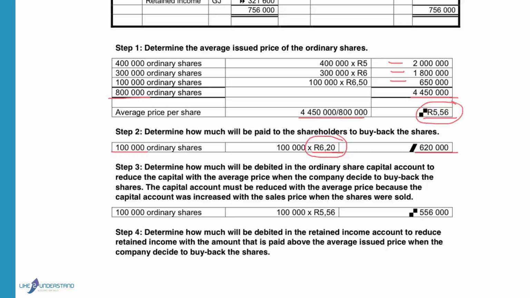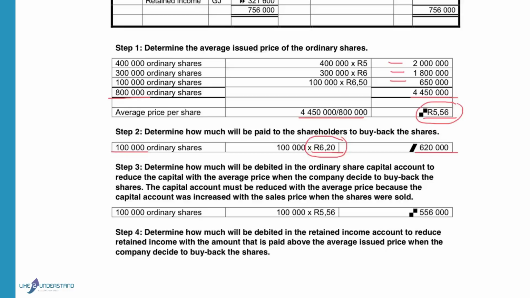So it means that our capital decreased from 4450 to 3894, and the number of shares was 800,000 minus the 100,000, so it reduced from 800,000 to 700,000.